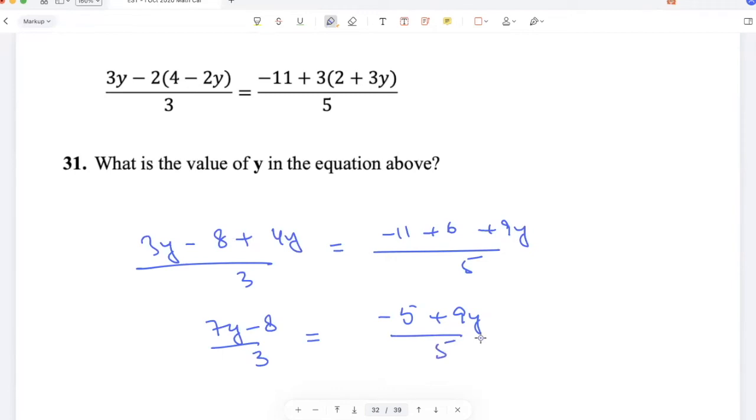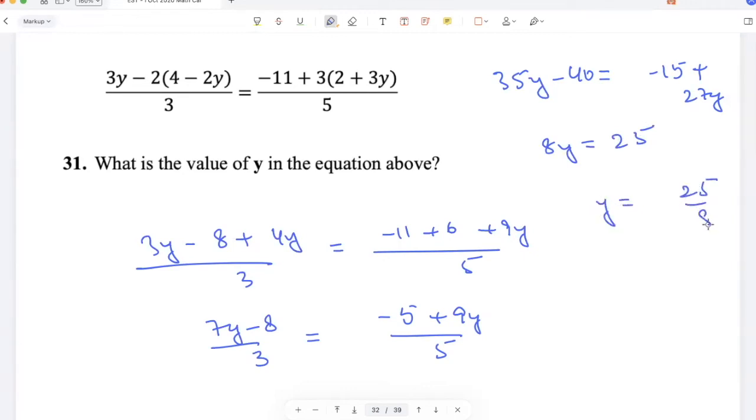Okay, so I think we can cross multiply. 35y minus 40 is minus 15 plus 27y. So 8y is 25, right? So y is 25 by 8.